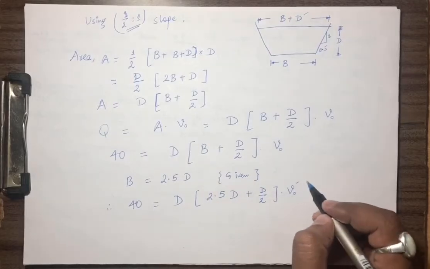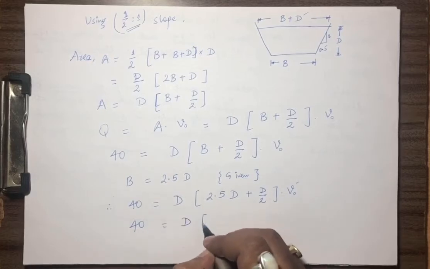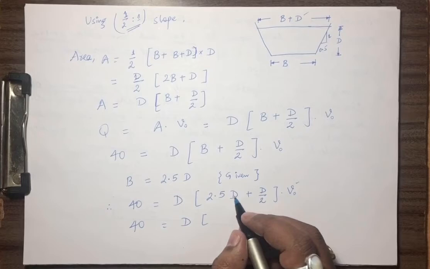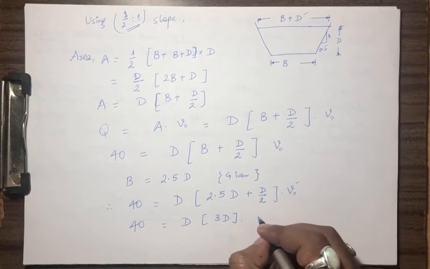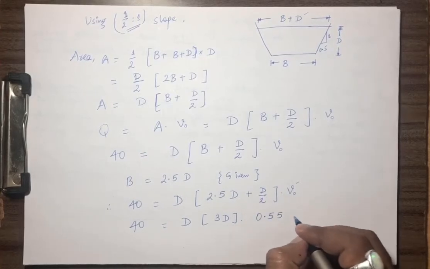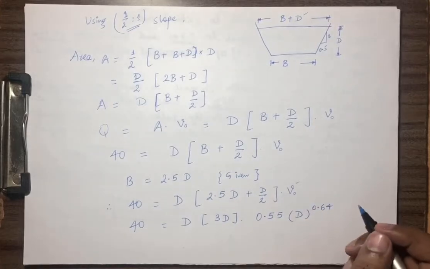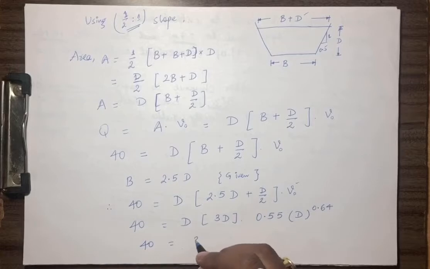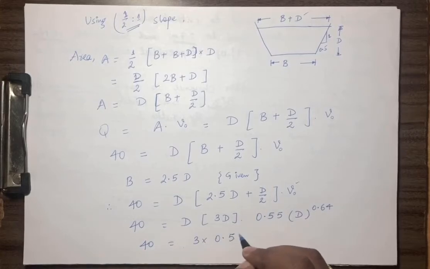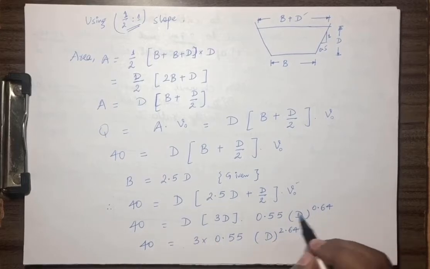Now this V naught also we know in terms of D only, so the only variable left is D. This is 2.5 and this is half, so this is 3D squared and V naught is 0.55 D raised to power 0.64. Okay, this is clear. So this 40 is 3 into 0.55 D raised to power 2.64. Okay, 1, 2 and 0.64.